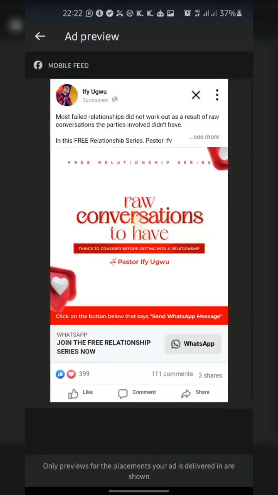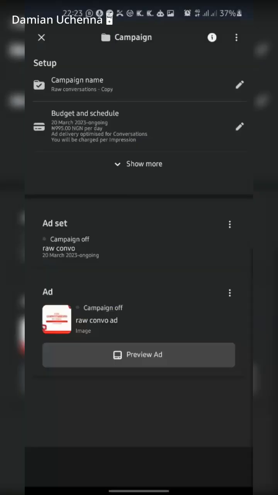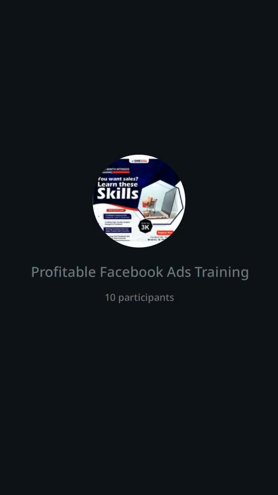You see the reaction on the post, almost 400 reactions. You see the comments. Even people were sharing the ads, right? 111 comments. Someone would have felt that this was a normal post, but it was an ad, right? Because the essence of your creative is not just to get attention, but also to get engagement, because people click on it.